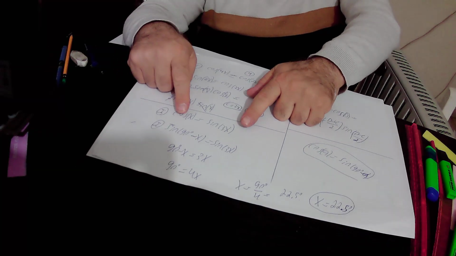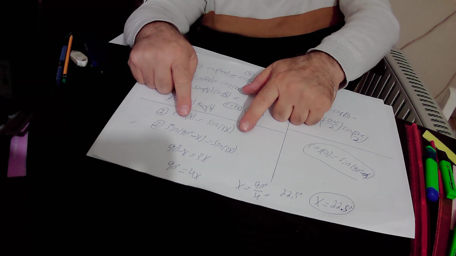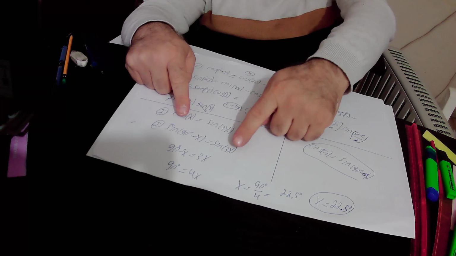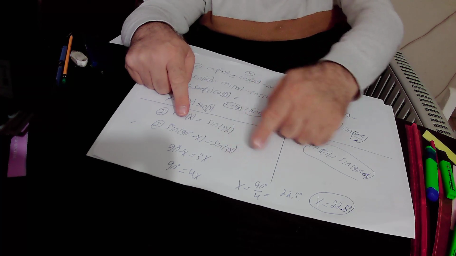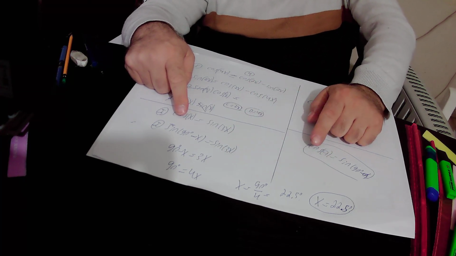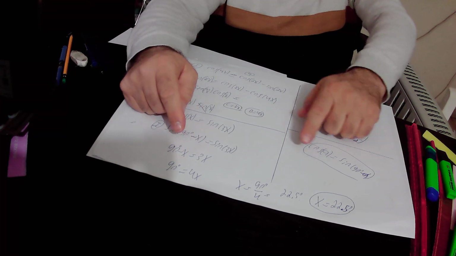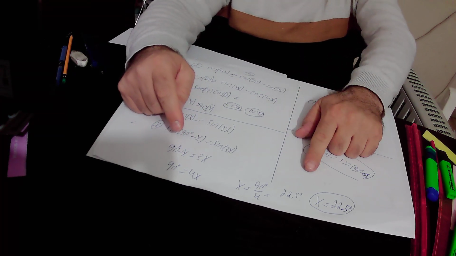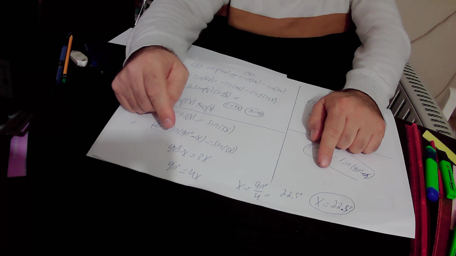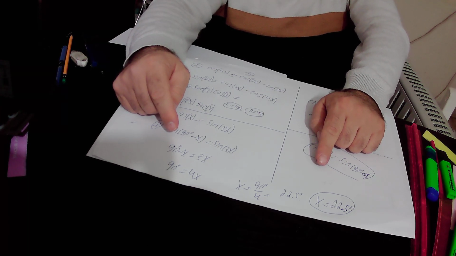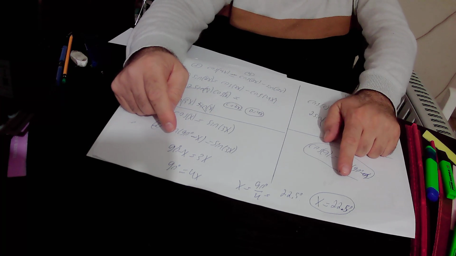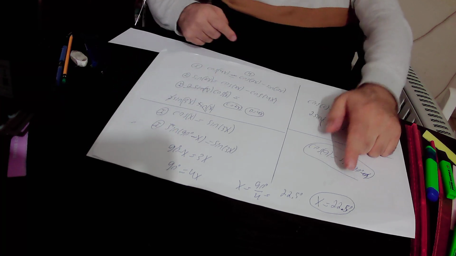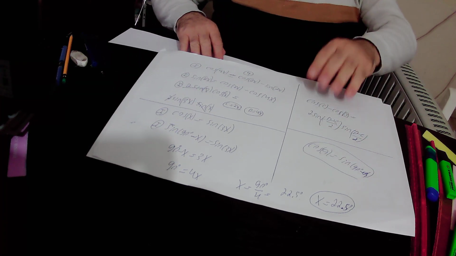That is to say 90 degrees minus x equals 3x. We added x to this equation and we got that 90 degrees equals 4x. We divided this equation by 4 and we got that x equals 90 degrees over 4, which is 22.5 degrees. So we found out that angle x equals 22.5 degrees according to the first method.